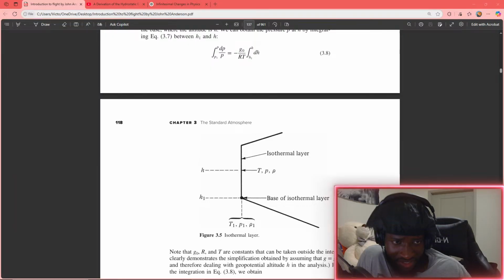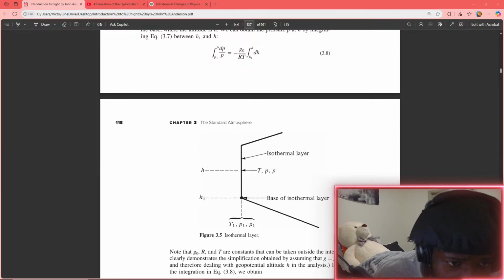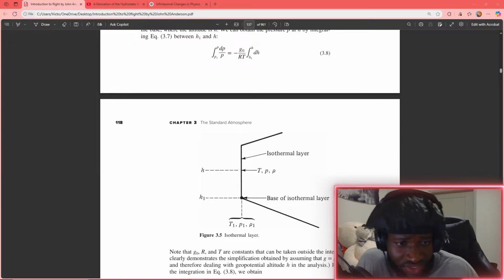At some h, a is equal to g. Okay, that makes sense. If we divide g by g0, we get g divided by g0 is equal to r squared divided by (r plus h) squared, so g is g0 r squared divided by (r plus h) squared. And if we take equation 2.3, dP is equal to negative rho g dh, we can translate it to g0.